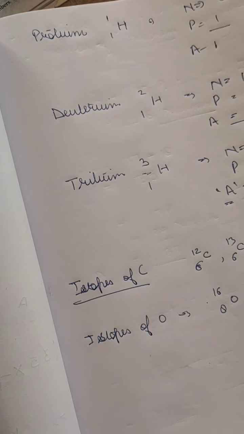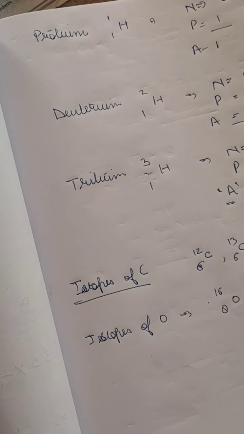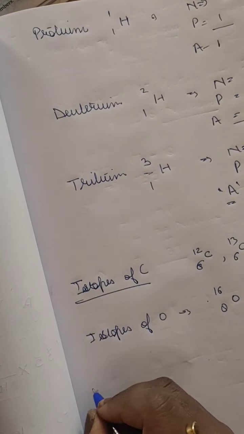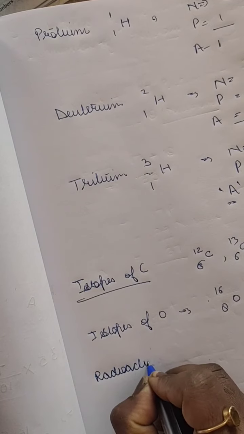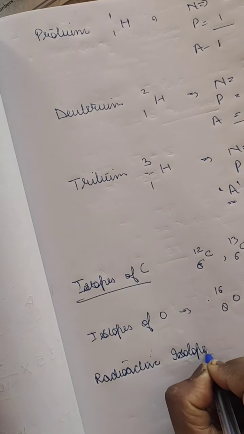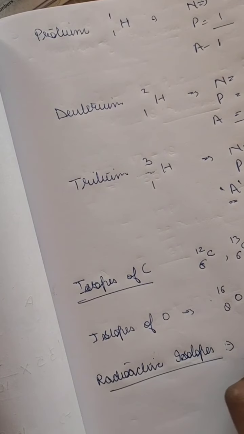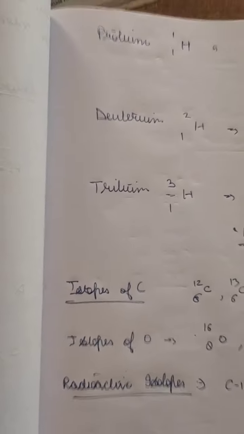There are many radioactive isotopes, such as carbon 14, sodium 24, iodine 131, cobalt 60. Some of the radioactive isotopes are carbon 14, C14.